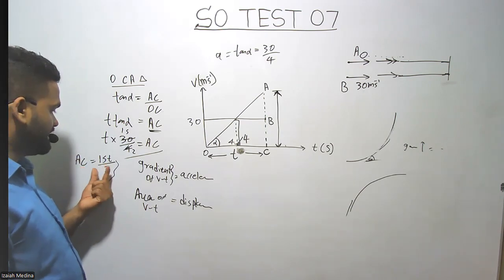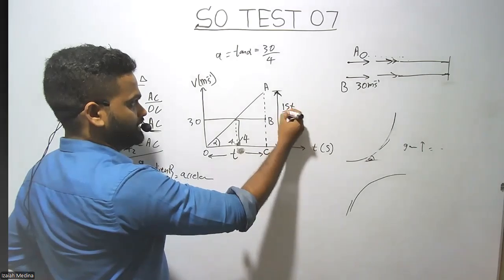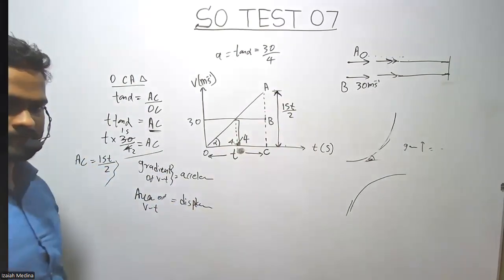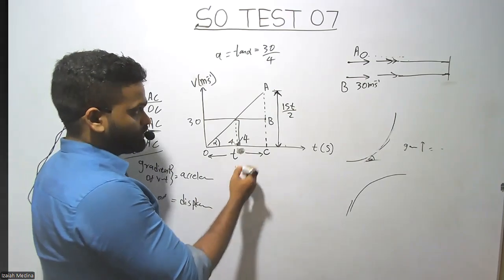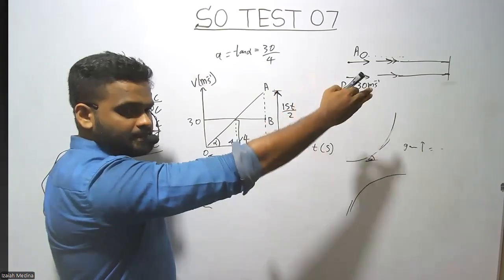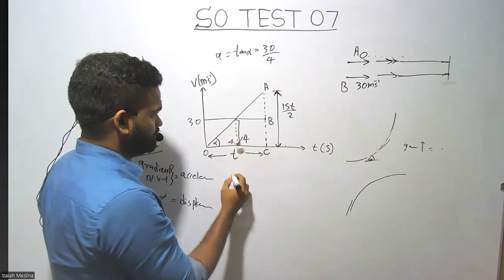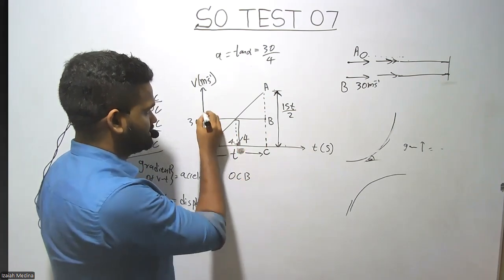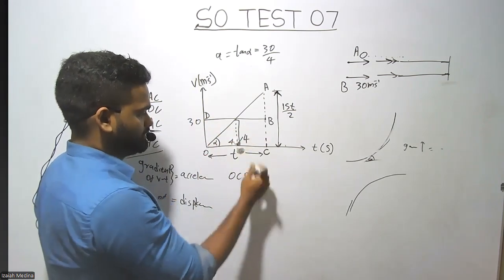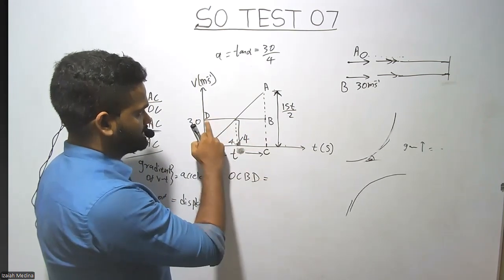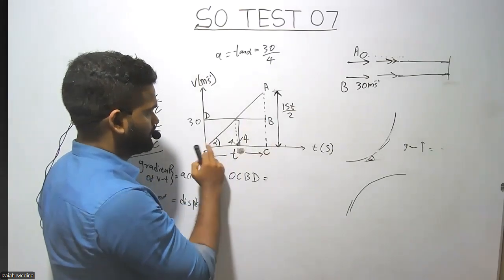Okay, so we know AC, 15t divided by 2, this is AC. So as A passes B, what should happen? The area of this one, OCB, let's say this is D, OCBD, that is the graph for B, should be equal to this triangle, OAC.